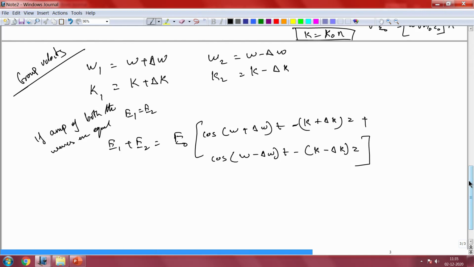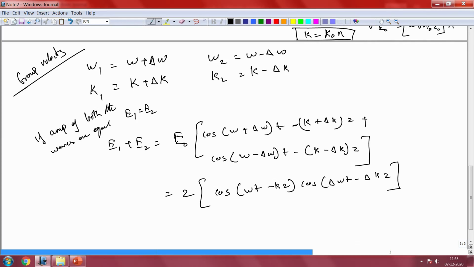You can rearrange this simply, because the k terms are going to add up. Minus k becomes 2k, and the factor 2 you can take out. So now you can write the two waves simply like this.